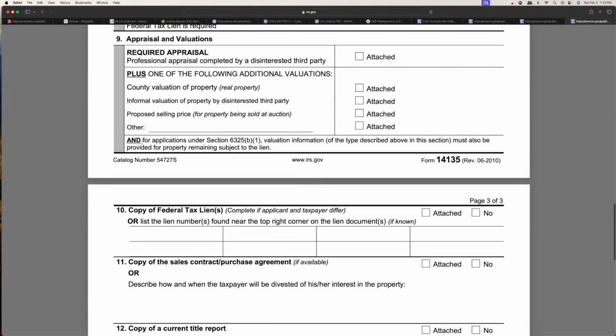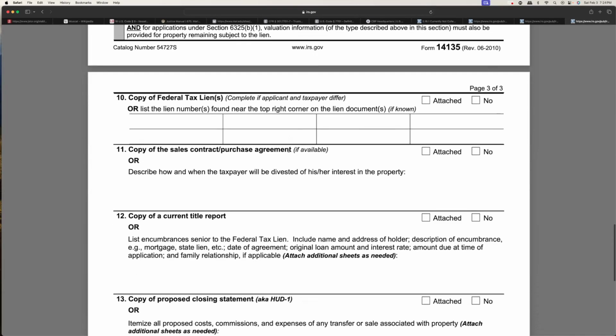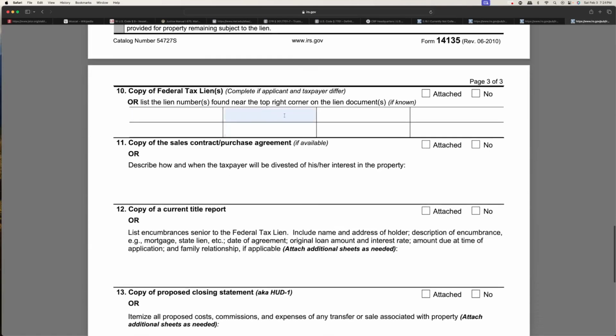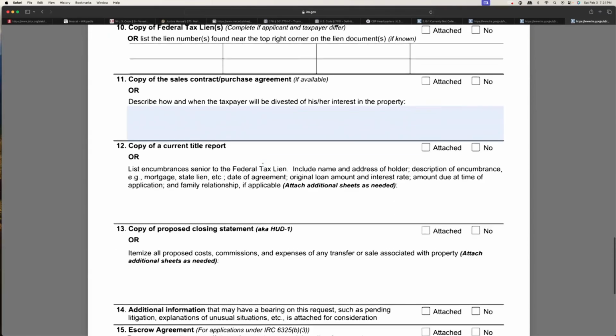All right. And applications under section 6325(b)(1), we don't need that. A copy of the federal tax lien, list that number, all the information from there, hit attach. Copy of the sales contract or purchase agreement, hit attach. That is your AITD or wraparound mortgage.